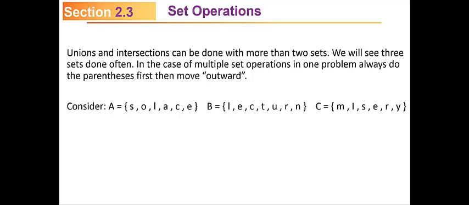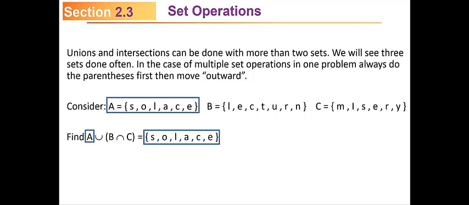So if you're considering the set A, which consists of the letters S, O, L, A, C, E, the set B consisting of the letters L, E, C, T, U, R, N, and the set C consisting of the letters M, L, S, E, R, Y, that's an L, not an I. Perhaps we want to find the union of A with the intersection of B and C. There's no necessarily single way to get started, but since A is sitting right there on the left, I might go ahead and just put in the set S, O, L, A, C, E for that.